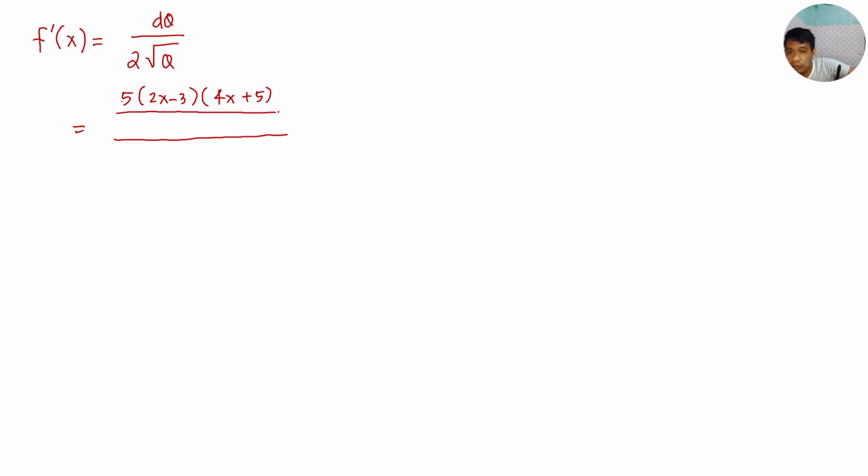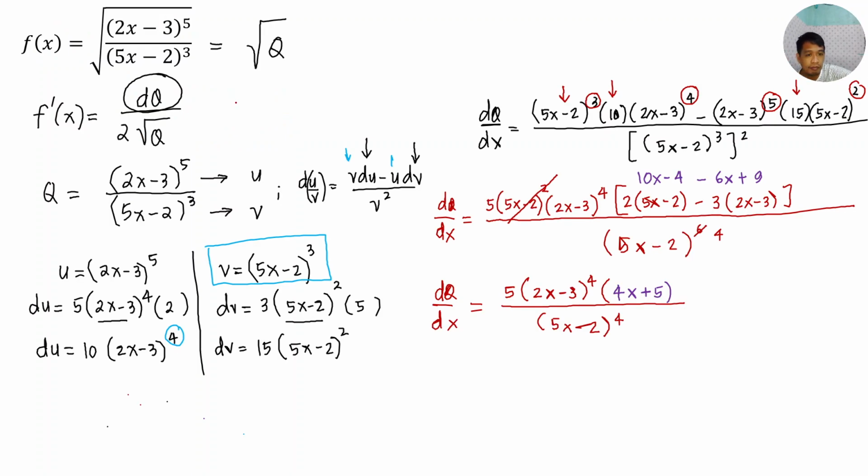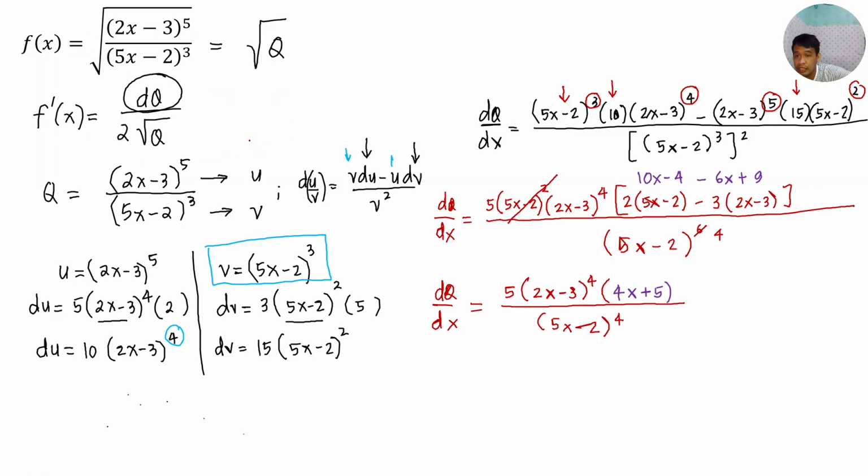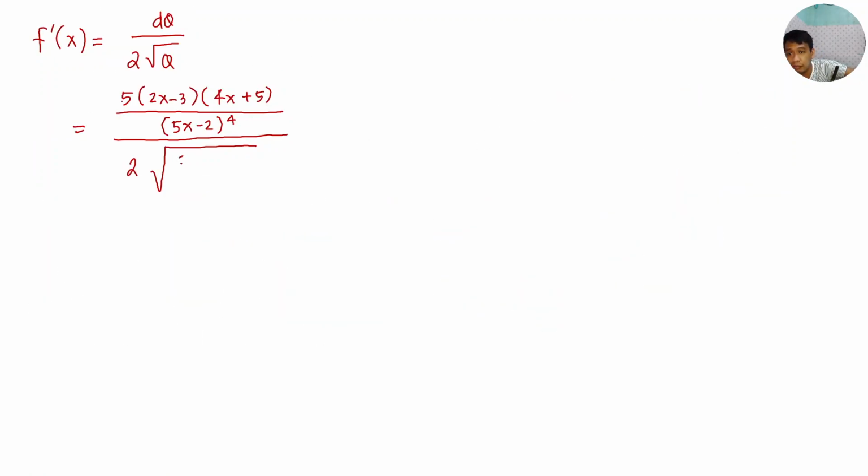All over 5x minus 2 to the 4th. All over 2 square root of q, which is 2x minus 3 to the 5 over 5x minus 2 to the 4th.